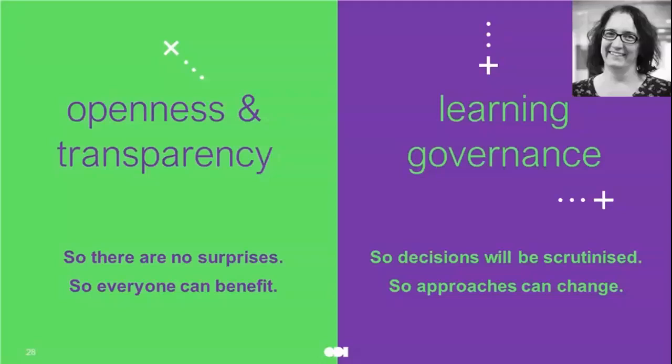So for me, those two parts, in order to get to a good balance, we have to put a lot of effort behind being as open and transparent as possible, and learning from what we hear from people who see that openness and transparency, understand what we're doing, and have objections to it. And we also have to have a formal but iterative approach to the way in which data is governed and the decisions that are made about who gets to access it.